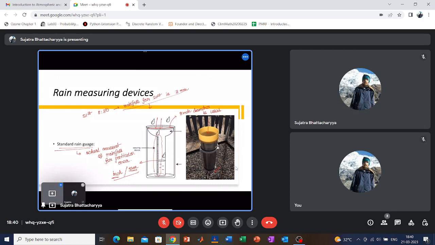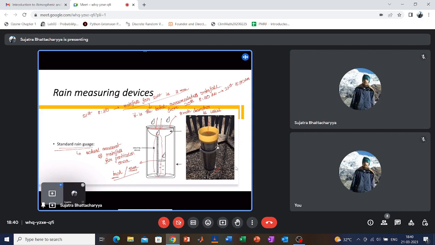This means that it is the total accumulated rainfall from 20th 8:30 am to 21st 8:30 am. Therefore the rainfall of today is actually the rainfall from today's 8:30 back to the previous day's 8:30. So that is how it is measured.